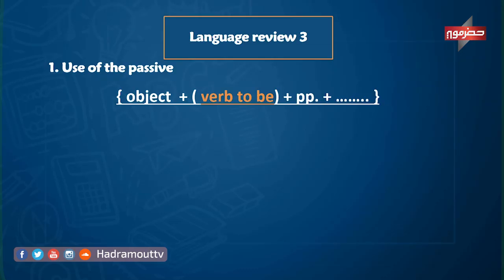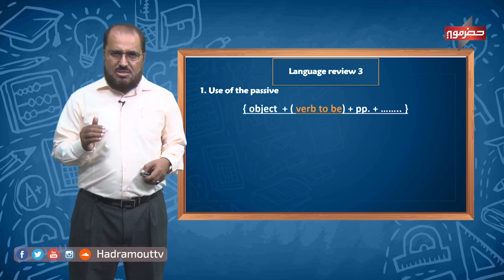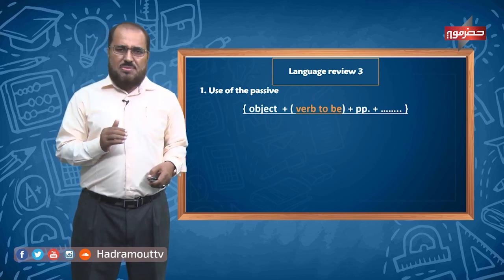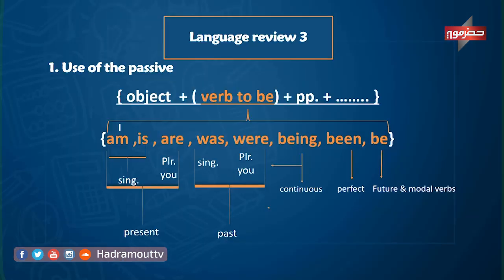As you know, this is the structure of the passive: object, then verb to be, then the past participle. You have to keep this structure, this formation, in your mind. The other changes that happen to this formation are that it takes just the verb to be. Look, you see?